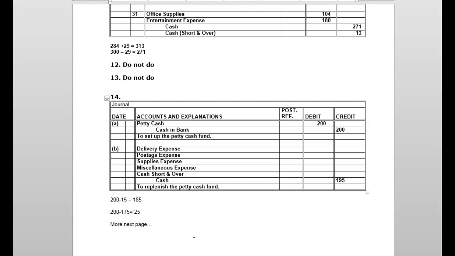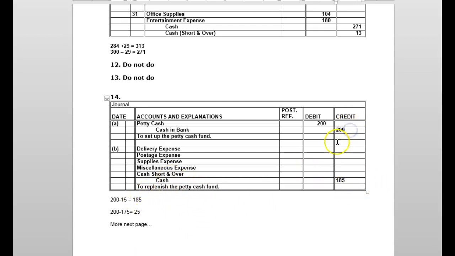So, what do I do here? As I ponder it, if I only have $15, I'm going to have to replenish it to get it up to $200, correct? Well, I need it up to $200, so I have to credit this for $185.